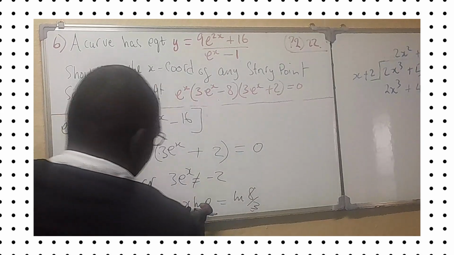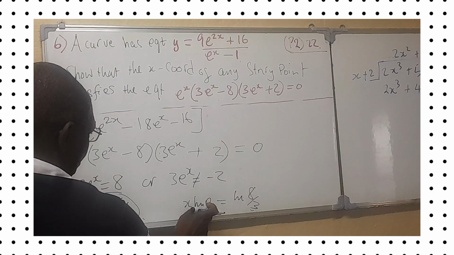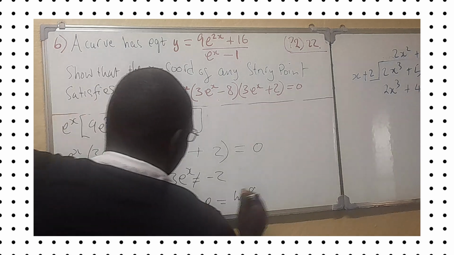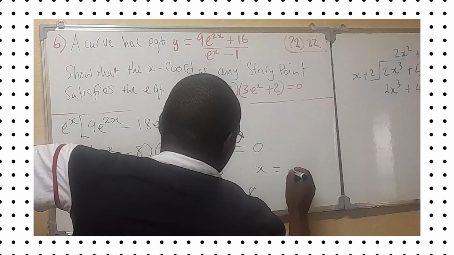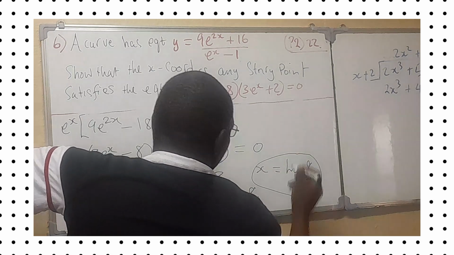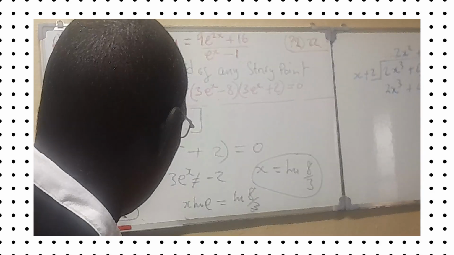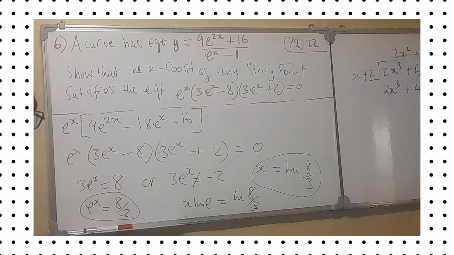The logarithm of e to base e is just 1, so this is just x. Therefore x is equal to ln of 8 over 3. You can punch that in a calculator and find the answer to the required number of significant figures or whatever it is.